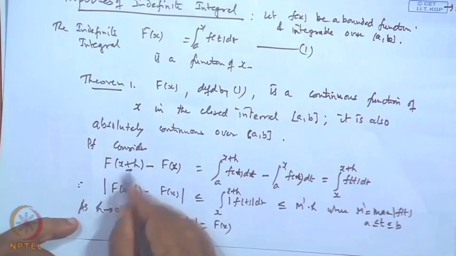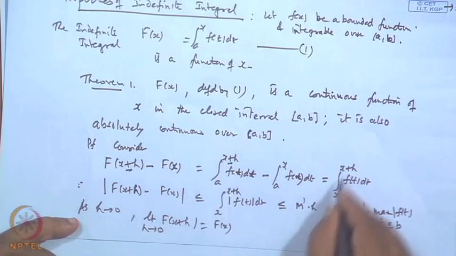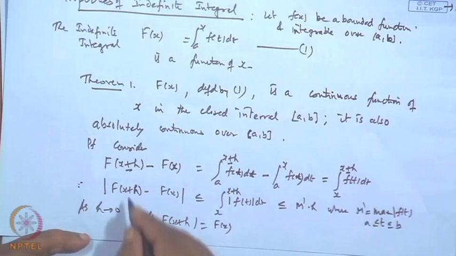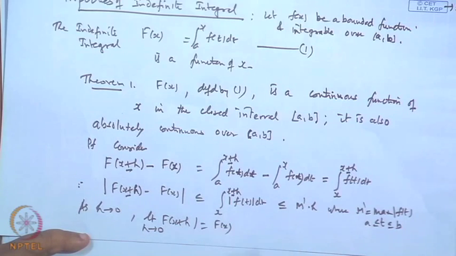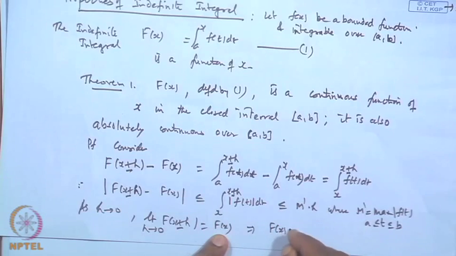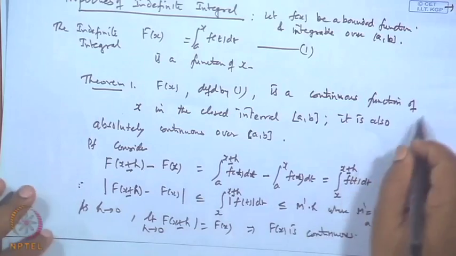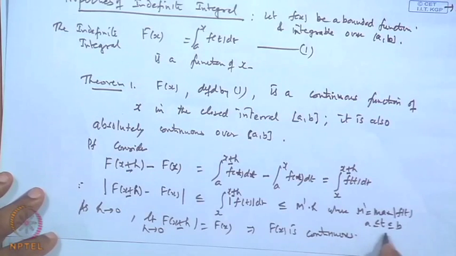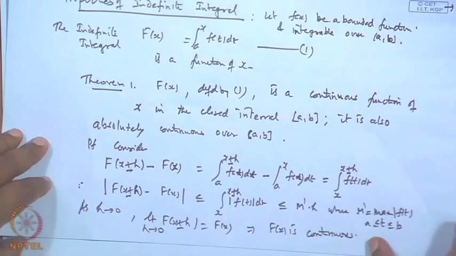Similarly, if we start with the minus sign, we will get the same result. It means the left hand and right hand limits both coincide with F(x), the value of the function. So, this implies the function F(x) is continuous, which we wanted to show, and x is an arbitrary point in this interval. So, it is continuous in this interval.